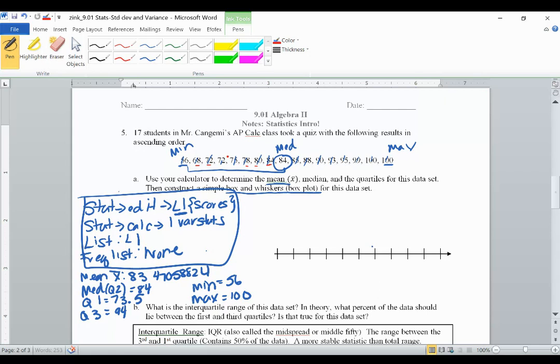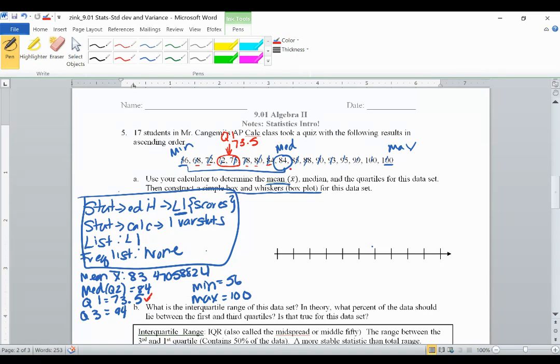So we're kind of between two numbers right here, 72 and 75, for your first quartile. When that happens, you just want to take the average of those two. So we would do 72 plus 75 and then divide that by 2, giving us 73.5, which is good because that matches up with our quartile down here from the calculator.